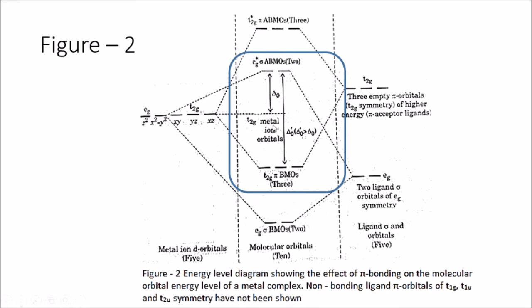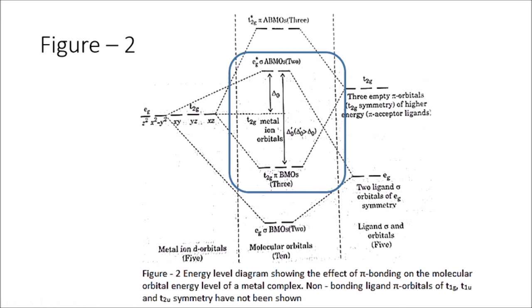This is T2G metal ion orbitals, and the energy gap between T2G metal orbitals and EG star sigma ABMOs is indicated by delta O. And this one is pi bonding BMO with sigma star ABMO, and that energy gap is indicated by delta dash O. So in figure 2, delta dash O is greater than delta O, and that is how the difference arises in the splitting energy when we introduce pi interaction in the metal ligand interaction.